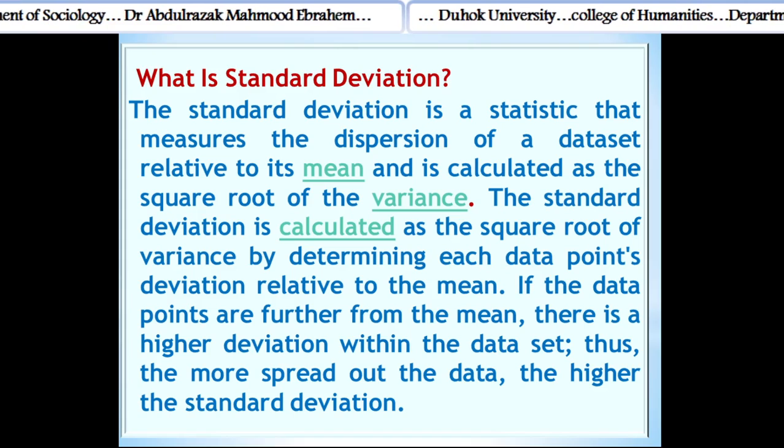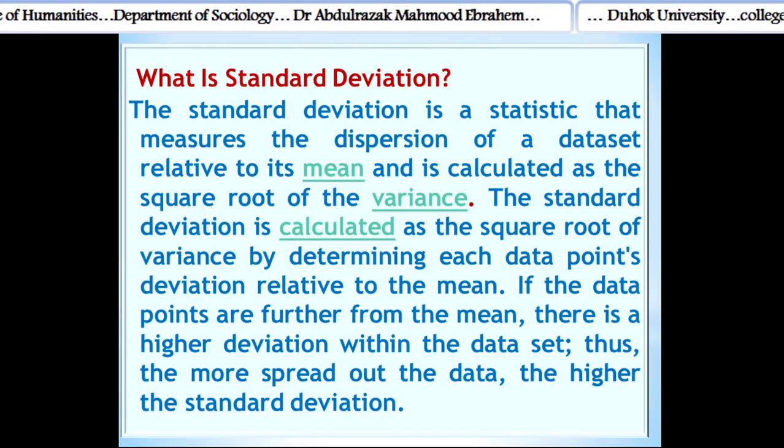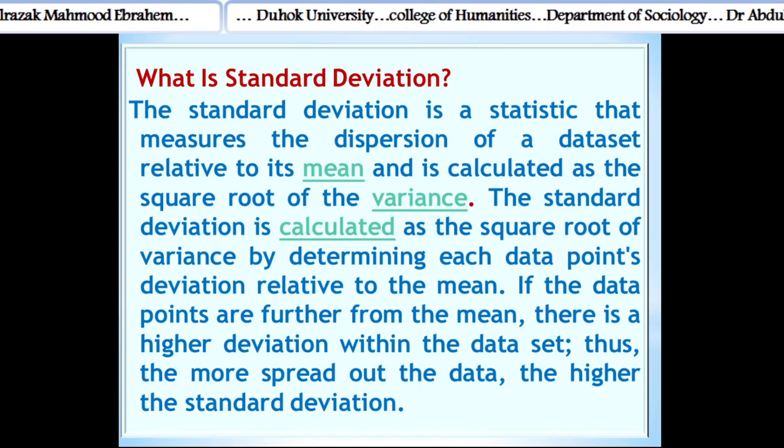The standard deviation is calculated as the square root of variance by determining each data point's deviation relative to the mean. If the data points are farther from the mean, there is a higher deviation within the data set. Thus, the more spread out the data, the higher the standard deviation.